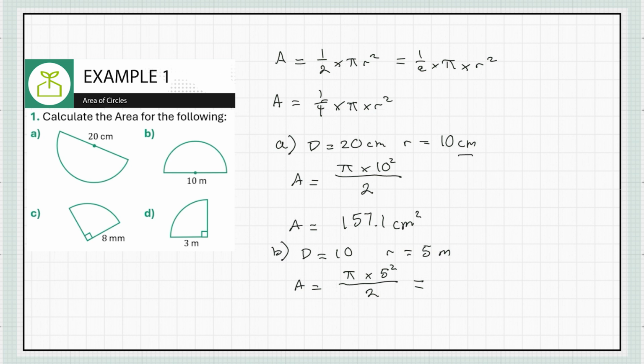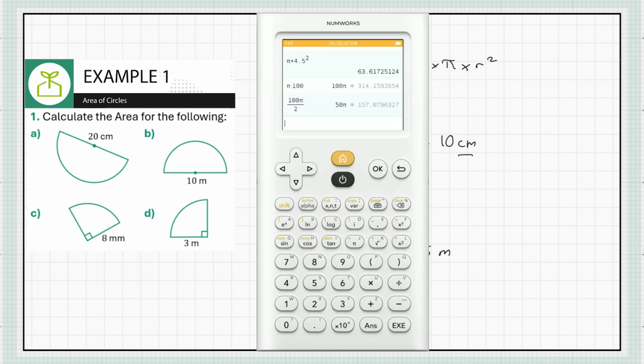So our area is going to be equal to pi times 25 divided by 2. So we can do pi multiplied by 25 and then hit execute and then take our answer and divide by 2. Alright, and the result is 39.26. We're only interested in the first decimal place, so it's 39.3.